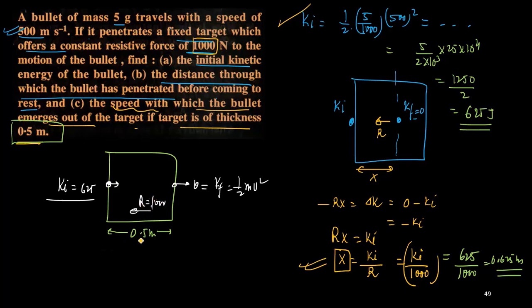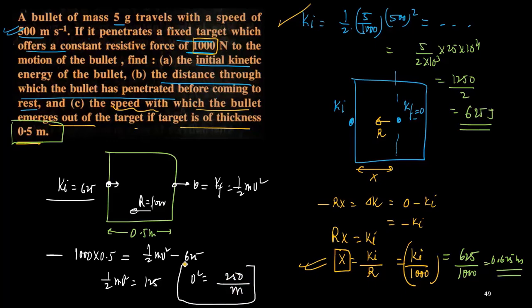Now, work done by the resistive force is how much? 1000 into 0.5 with a negative sign. That should be equal to the final kinetic energy, half m v square, minus the initial kinetic energy 625. So half m v square equals 125. Then v square becomes 250 by m.